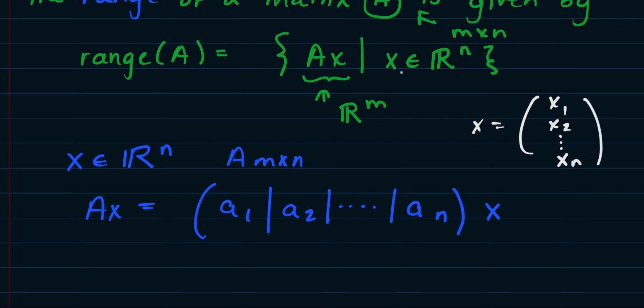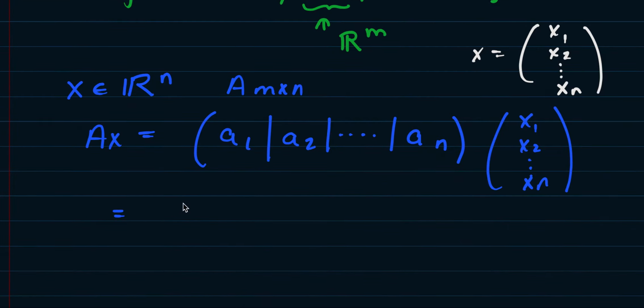So I'm going to erase this X and put X1, X2 all the way to Xn. And this is equal to A1 times X1 plus A2 X2 all the way to AN Xn.